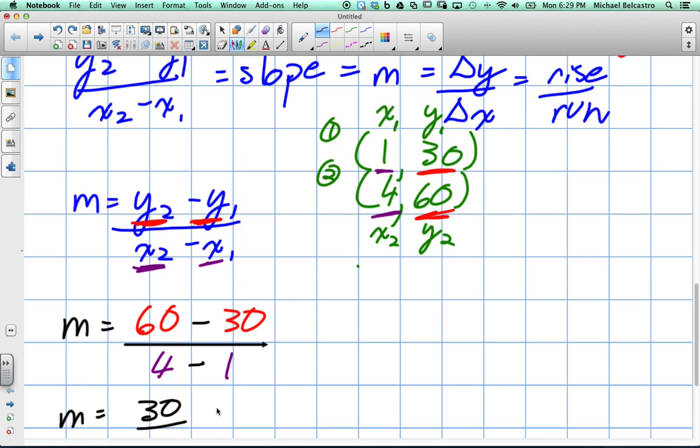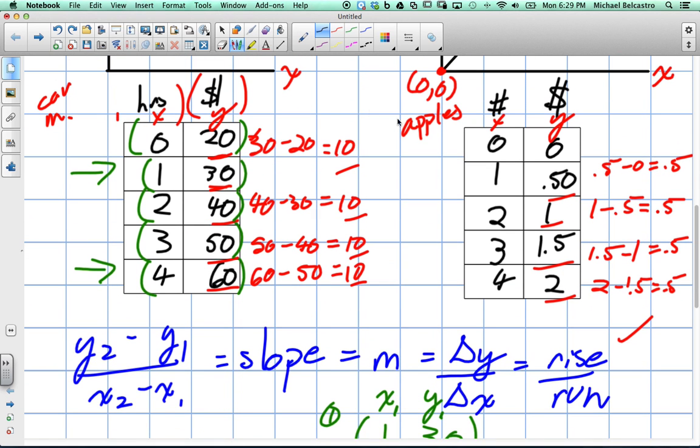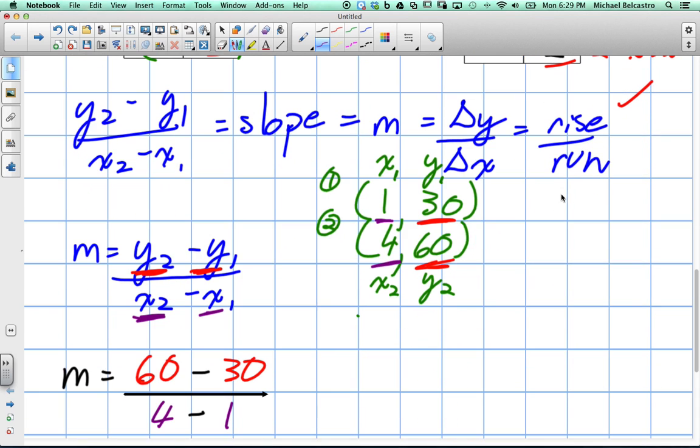I'll quickly do the same example over here. I'm going to choose two random points. I'm going to choose zeros because I make it really easy. And 1. So we had 0 and 0, and 1 and 0.5. I'm going to make this guy x1 and y1, just to show you that it doesn't really matter. And this is x2 and y2. So when I plug it in, y2 starts.